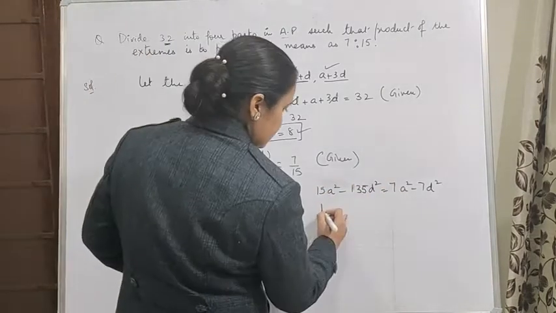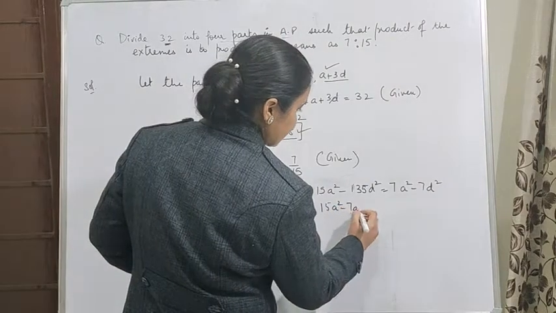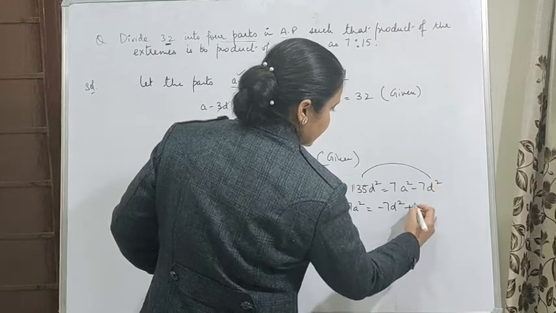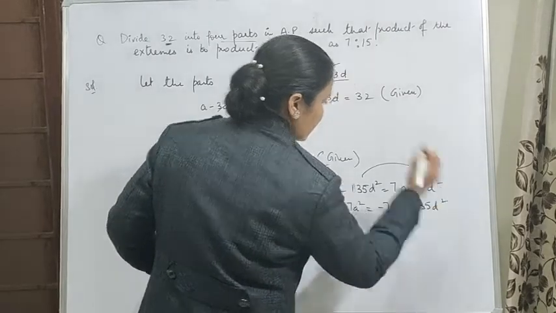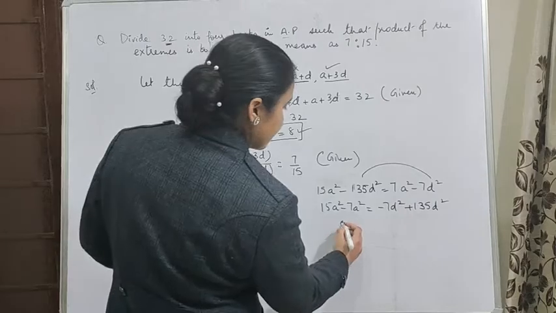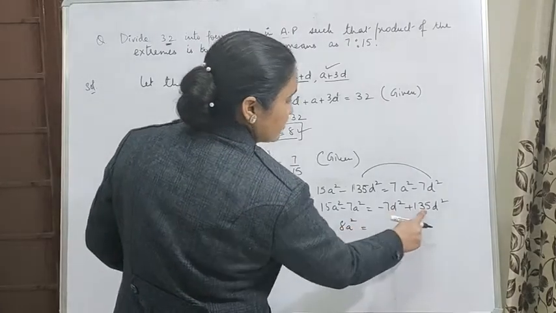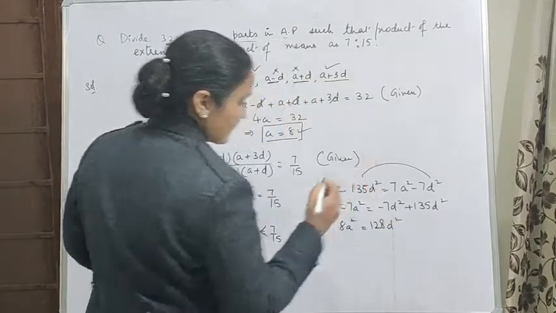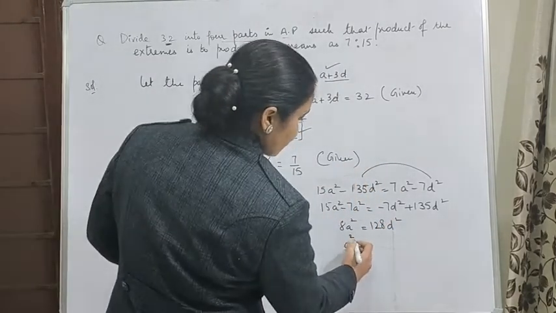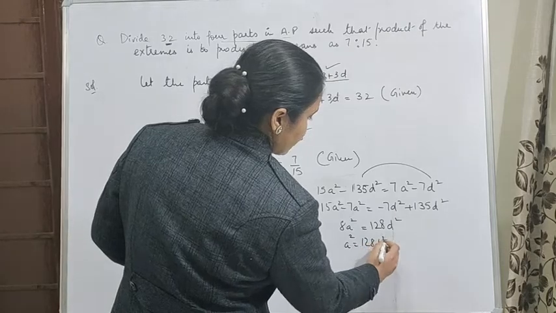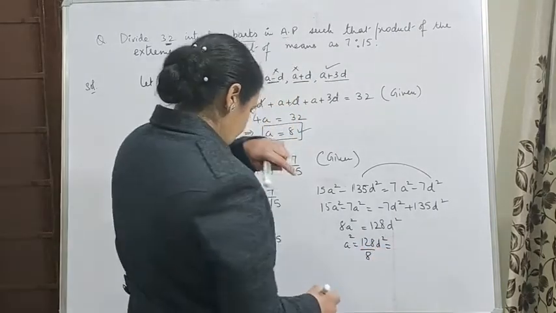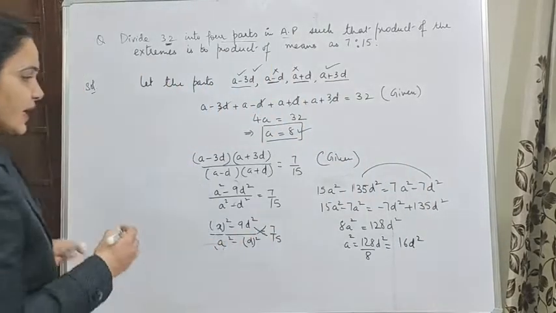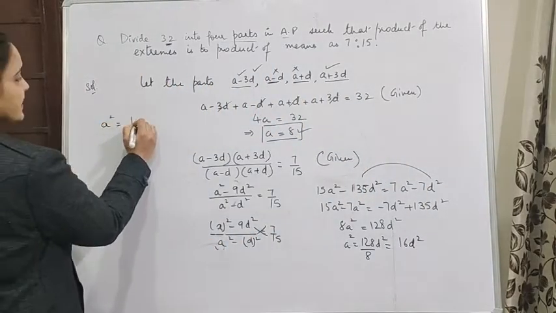Let us take 15A square minus 7A square, which is equal to 135D square minus 7D square. So it is 8A square equal to 128D square, and A square is equal to 128D square upon 8. So it is 16D square. Clear? So we have A square equal to 16D square.